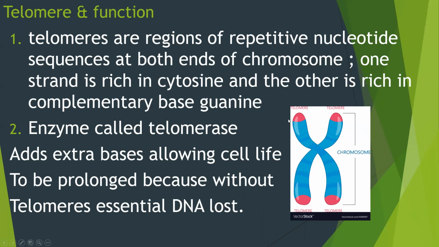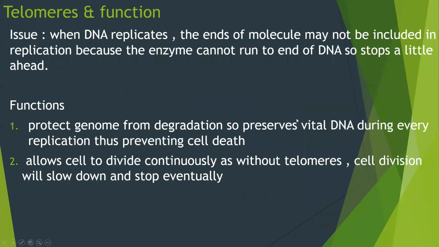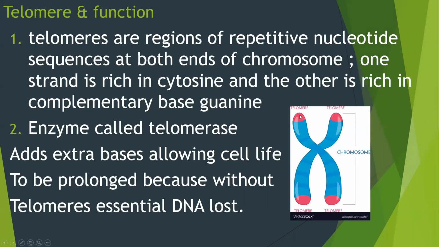And there's an enzyme called telomerase which will add more repeated bases at the ends of telomere after the cell division. So this prolongs cell life because without telomeres, the essential DNA will be lost.